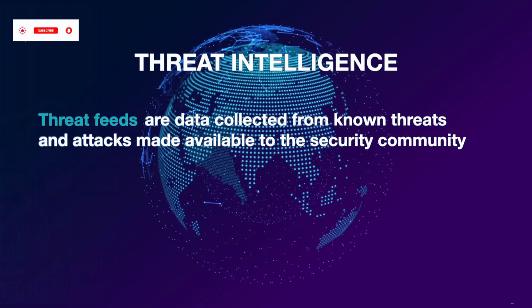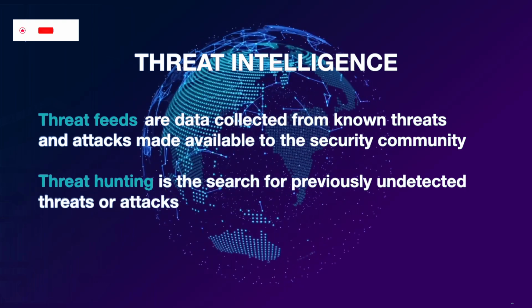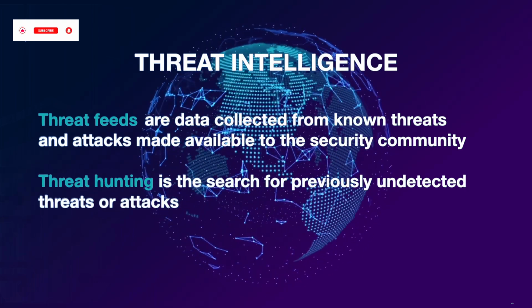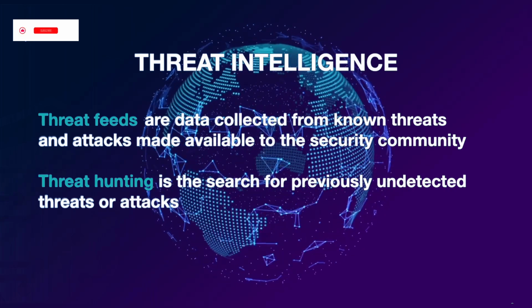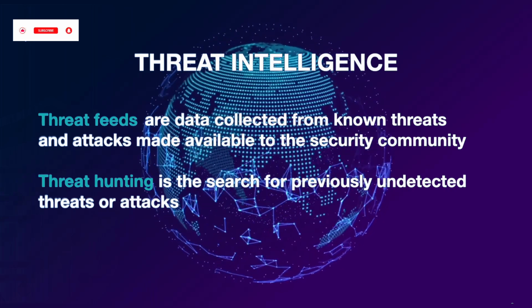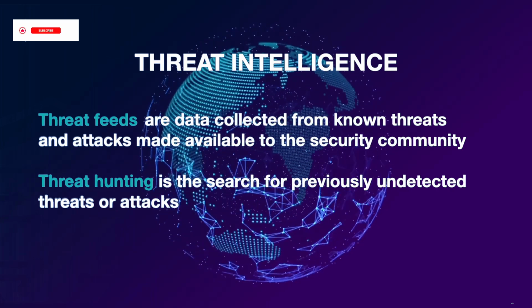We also have threat hunting, which is the search for a previously undetected threat or attack. Threat hunting will go beyond what you already know or what you have been alerted to in terms of the threat.